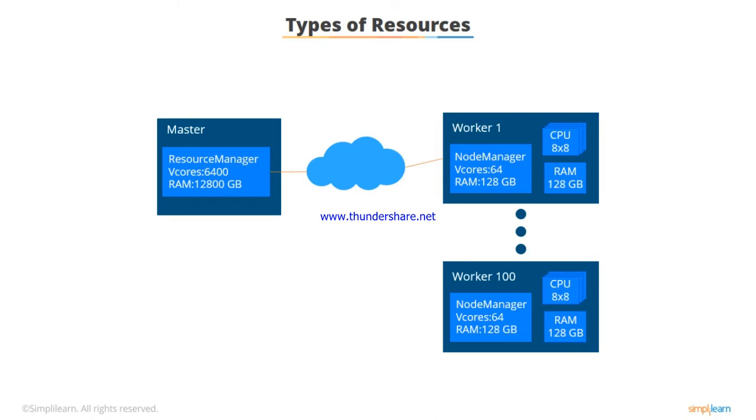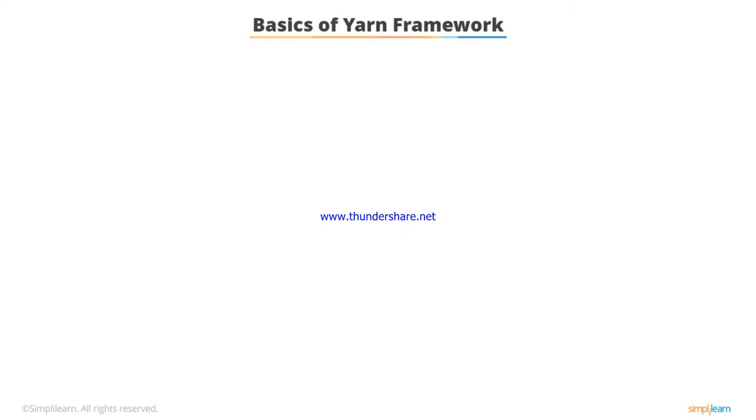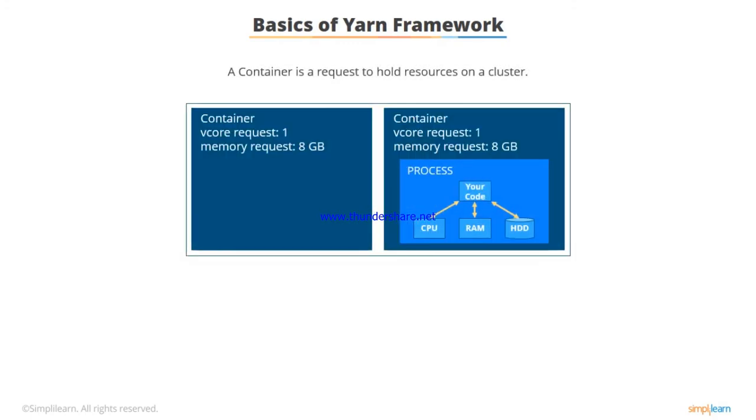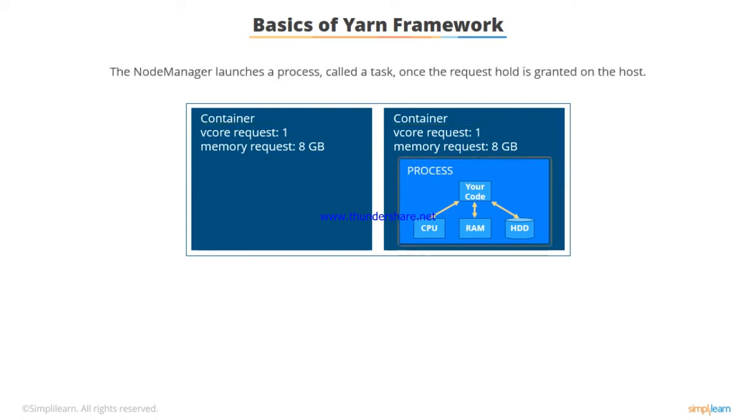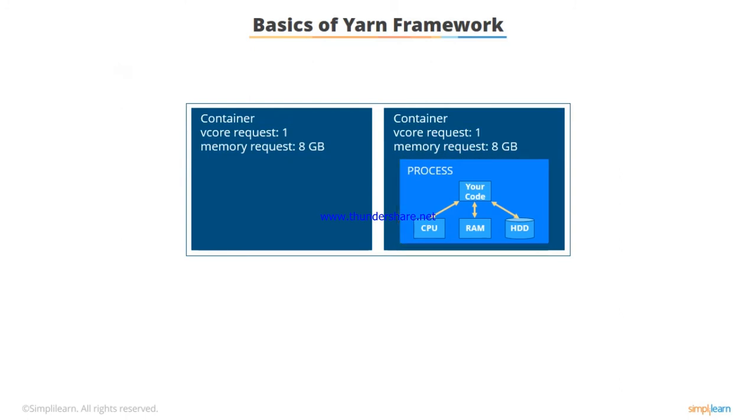Now, let's understand the basics of the Yarn framework. A container is a request to hold resources on a cluster. A container holds requests consisting of vCores and memory, as shown in the image. The node manager launches a process, called a task, once the request hold is granted on the host. The task runs as a process inside a container.